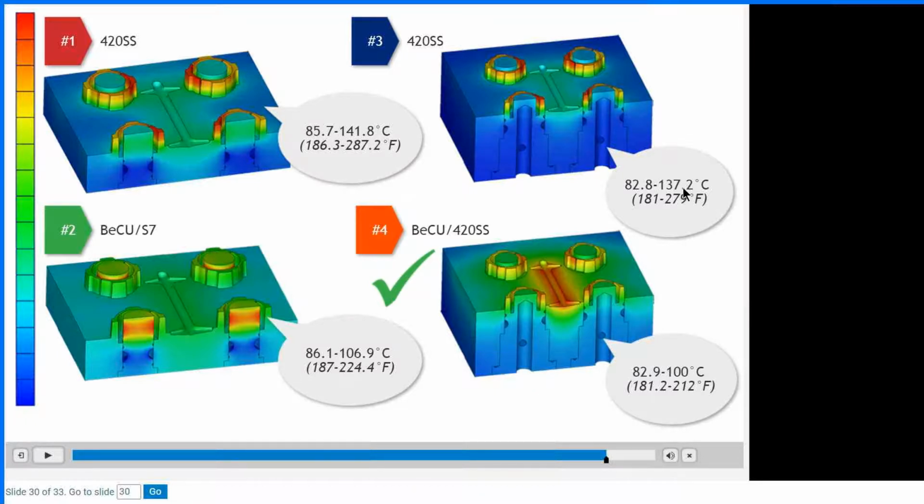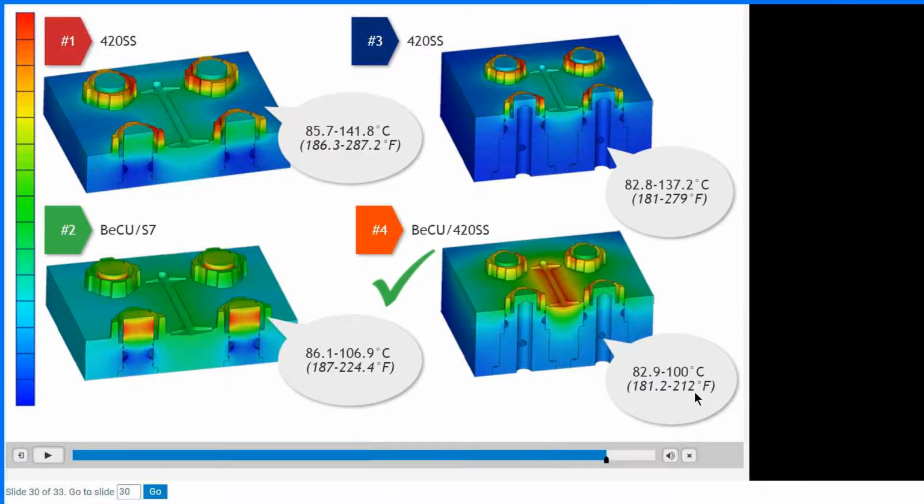But look at the temperatures. With all stainless, the highest temperatures are 137 or 279 Fahrenheit. With the exchange of the beryllium copper or the high thermal conductive core, it dropped to 212.